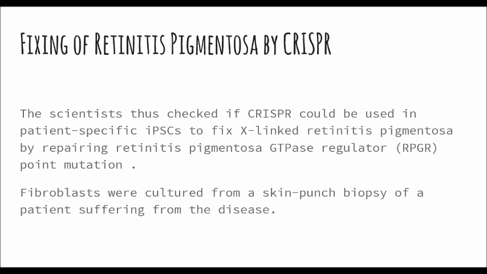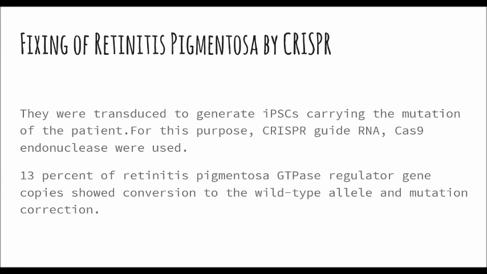The scientists thus checked if CRISPR could be used in patient-specific iPSCs to fix X-linked retinitis pigmentosa by repairing the RPGR point mutation. Fibroblasts were cultured from a skin punch biopsy of a patient suffering from the disease. Next, they were transfused to generate iPSCs carrying the mutation of the patient.